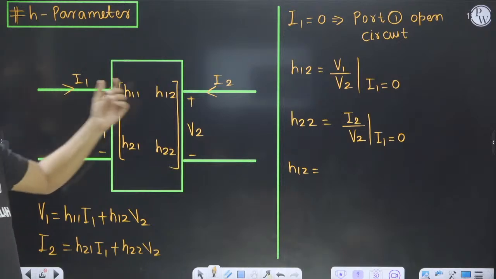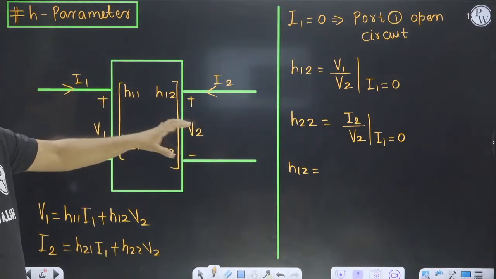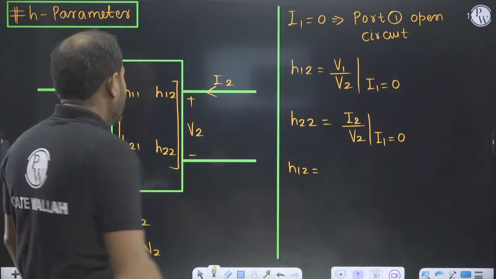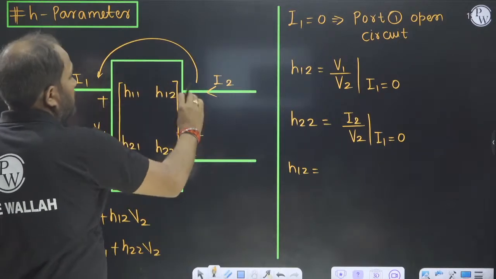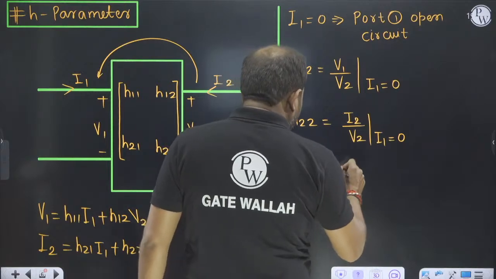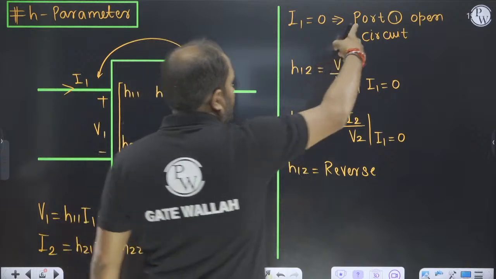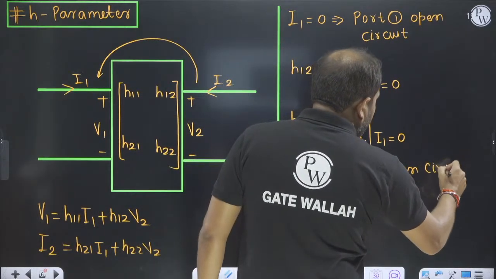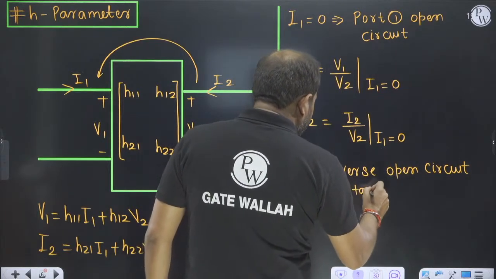Normally this one is input and this one is output, but in this case V1 is output and V2 is input, so we are going in the reverse direction. Reverse. Short circuit or open circuit? Open circuit. Voltage gain or current gain? Voltage gain.